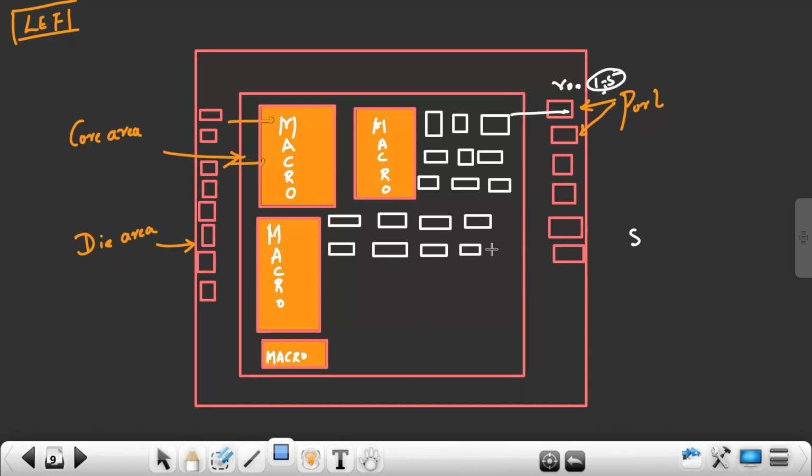All 25 lakh cells you will place inside your core area. That is called placement. So what you are placing here? What is this box indicator? It is the layout of standard cells.